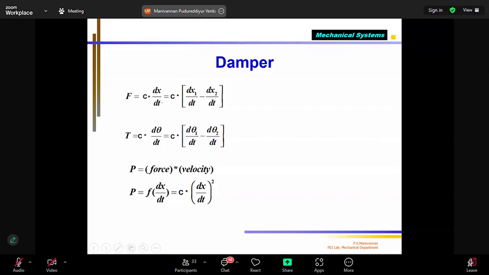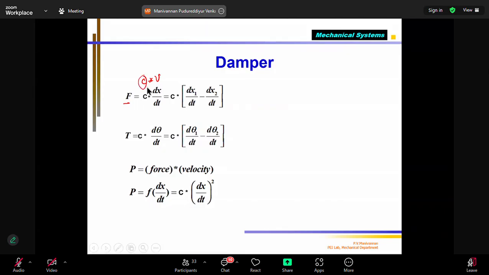Anyhow, now that you know, if it is a linear damper, force generated equals C into V, where V is the velocity of the piston. That depends on the equation we already saw. This C is called the damping constant, correct?